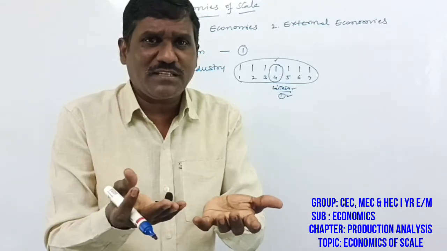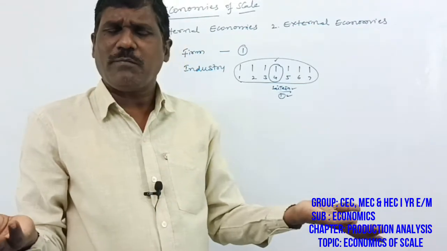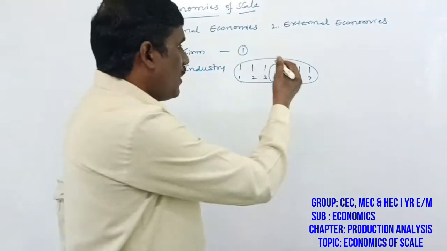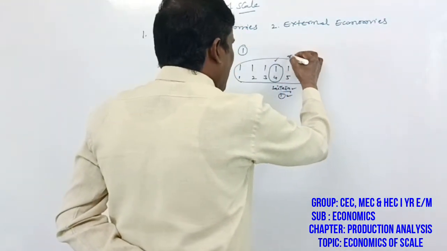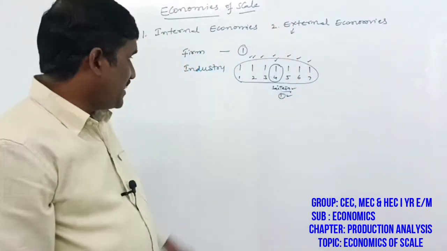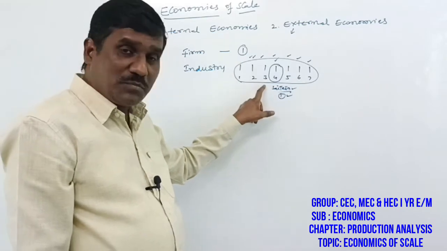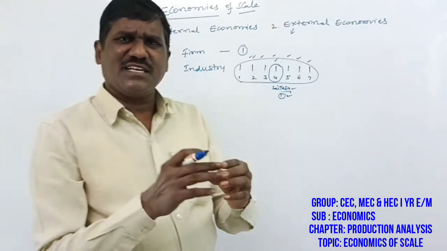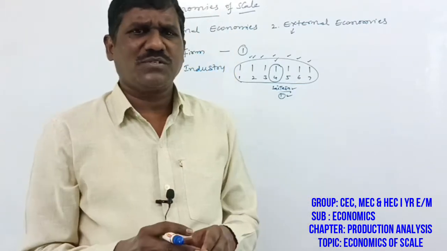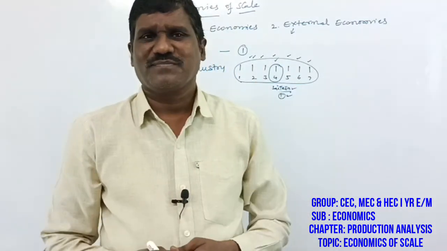All students benefit. External economies means all students can get certain advantages. That means the industry increases its output, and when the industry increases, all firms enjoy certain advantages and all firms increase their output.